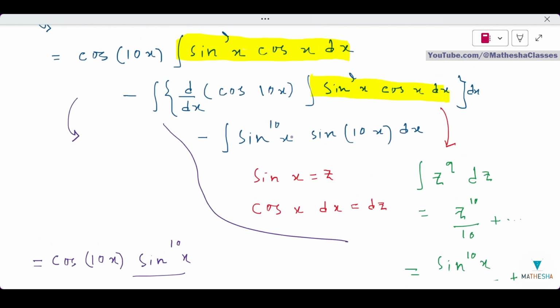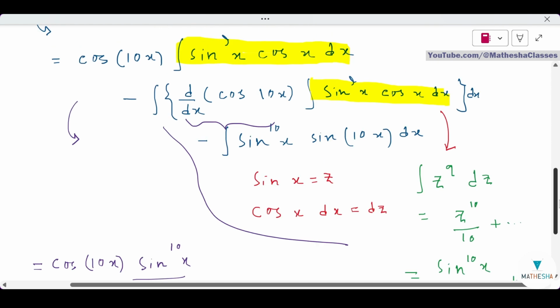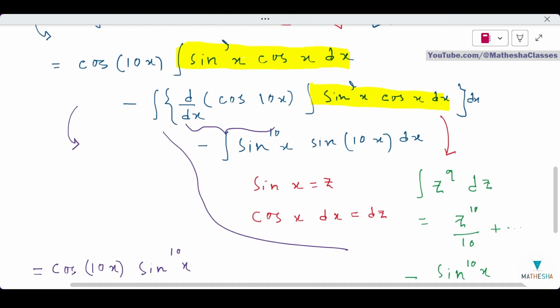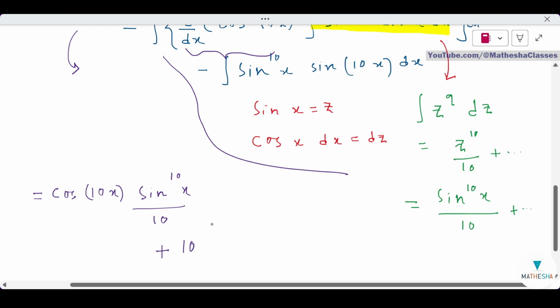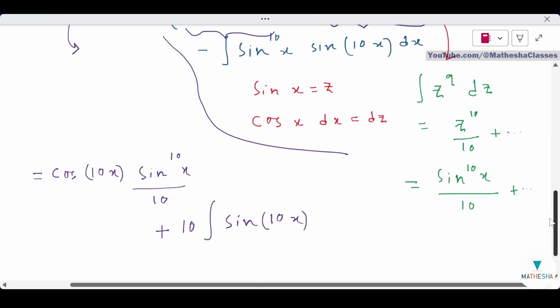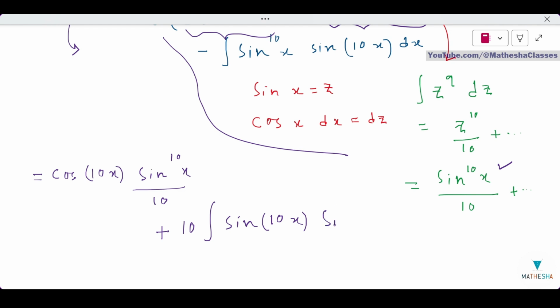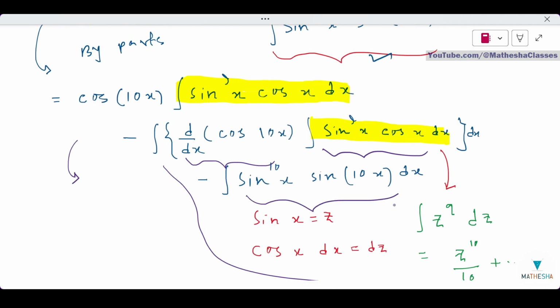and in the next term, this term will be minus ddx of cos 10x, that means 10 sine 10x, and a plus and the minus will turn to plus 10 sine 10x, and this part has already been obtained as this sine to the power 10x upon 10, and the last term is this.